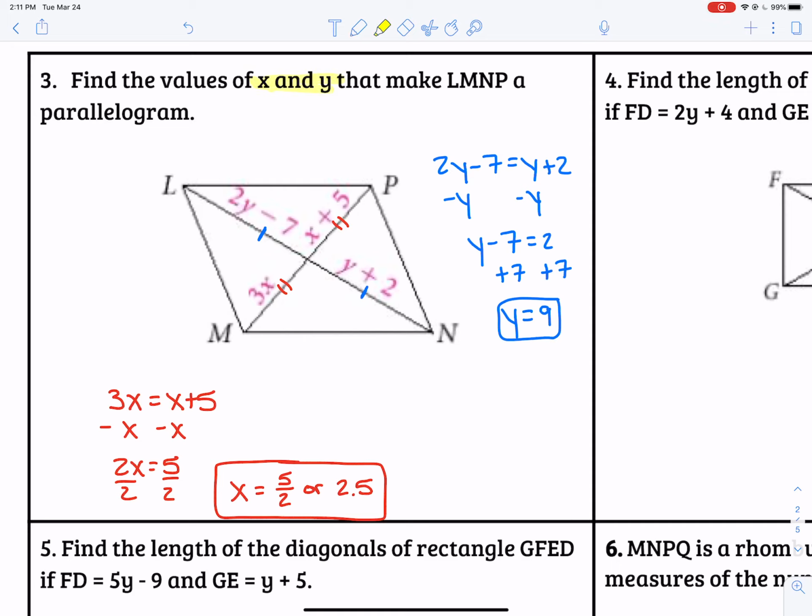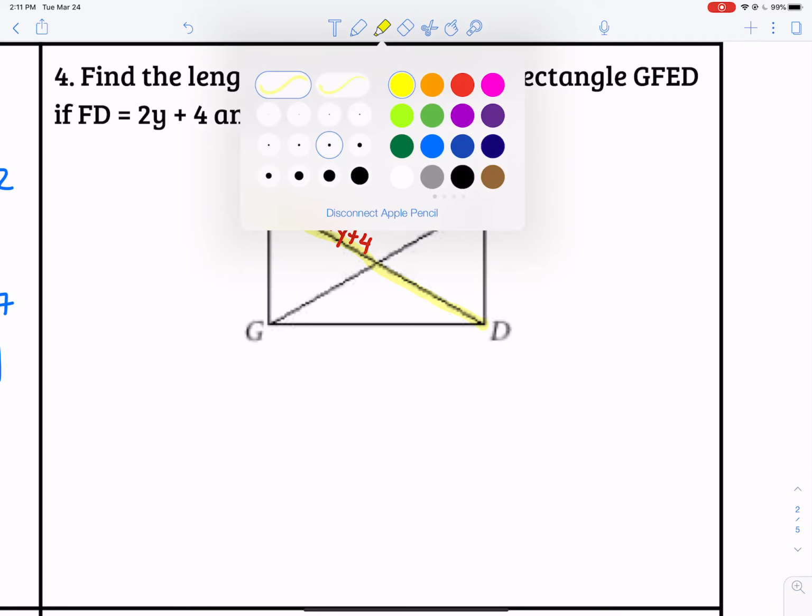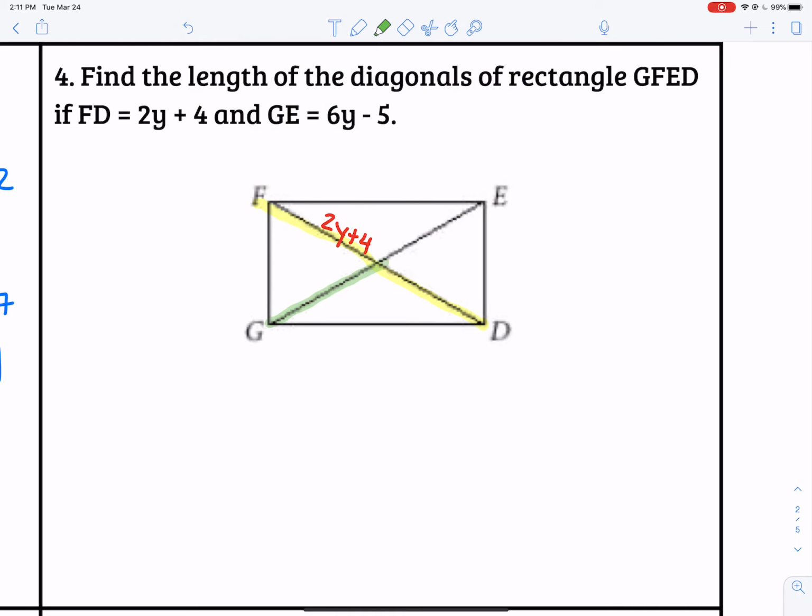Number 4 says find the length of the diagonals of rectangle GFED. If FD, so they said FD is equal to 2y plus 4, and GE, so GE is the other diagonal, and that's equal to 6y minus 5.